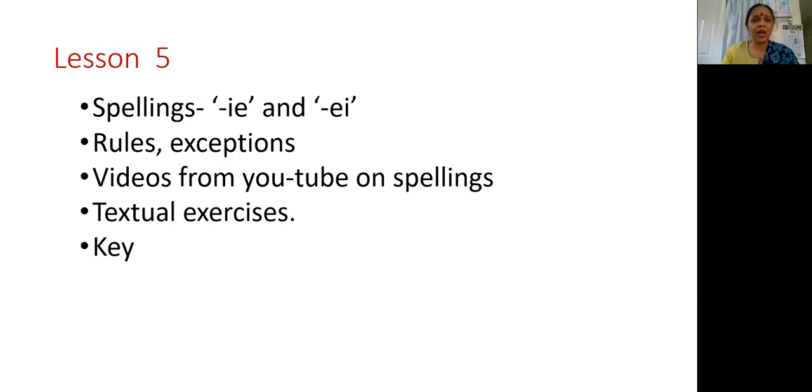I want you to focus very carefully when I'm playing the videos. Get your notebook, keep your pen or pencil ready, and as the video is going on, note down the important points, look at the examples, note them down and learn them. So we'll look at IE and EI.